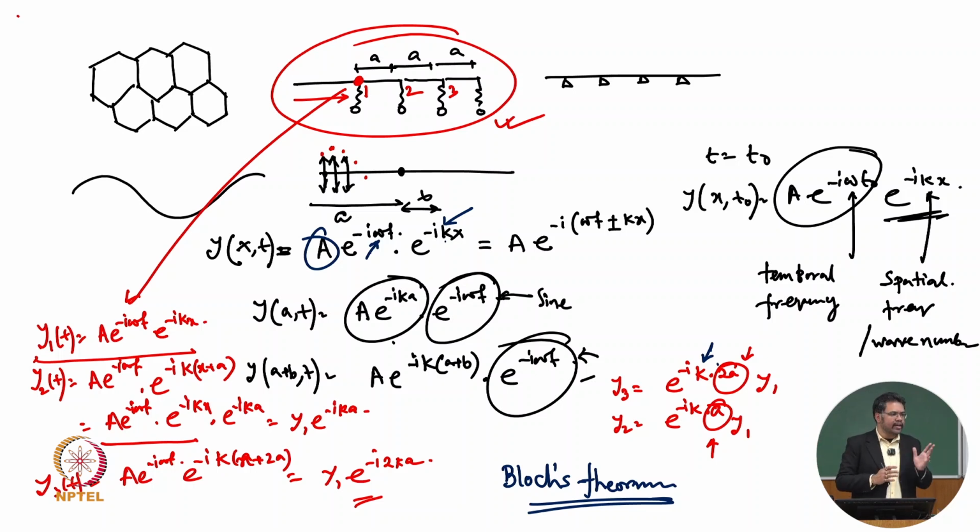Then our target is to find out, we calculate one point, another point, and another point, and these points are placed after a certain distance. And we try to find out whether there is any correlation between the amplitudes of those points. Okay? That is exactly what we are trying.